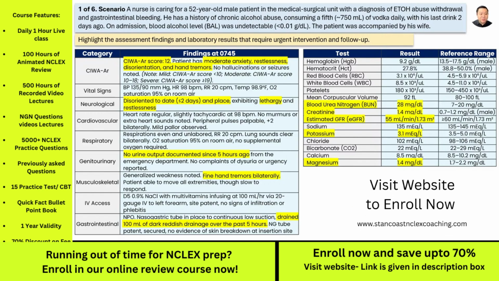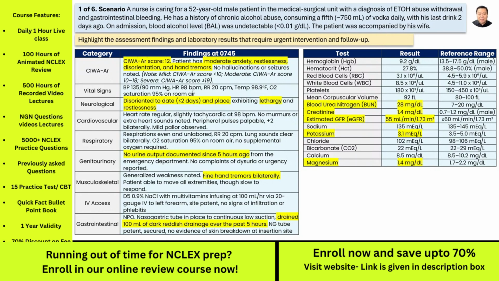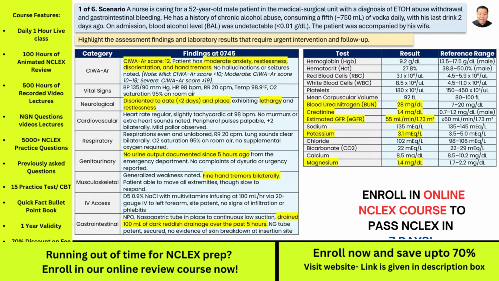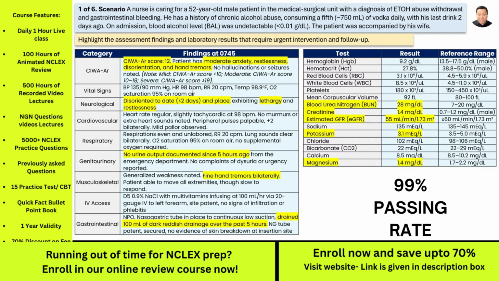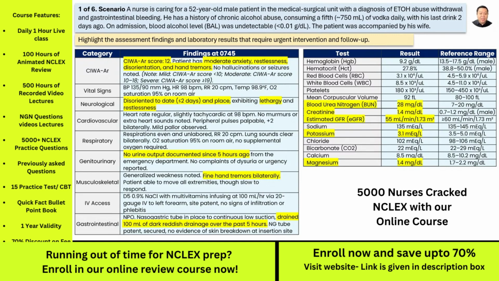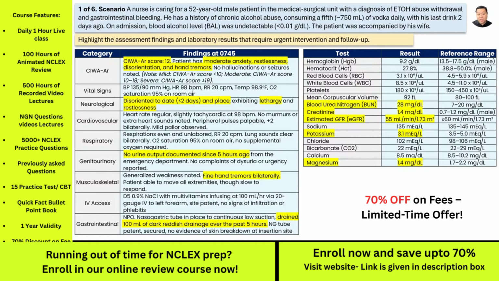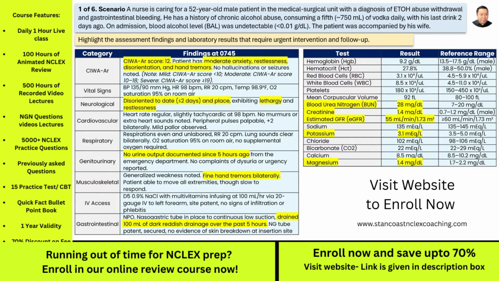For hematocrit of 27.8%, this is also low. It also confirms the anemia, but this is expected in a patient with a GI bleed, confirmed by the dark red nasogastric output. This also mirrors the hemoglobin of 9.2. It supports the blood loss, but doesn't really meet the transfusion criteria, right? So we're going to park this.